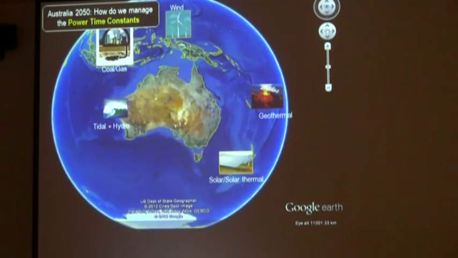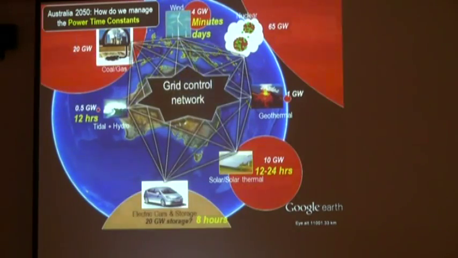Wind, tidal, residual coal and gas, solar and solar thermal, possibly nuclear, although that's controversial, and there'll also be electric cars, hopefully with big batteries providing backup power. And what we're going to need here is a smart control grid, a grid which is capable of switching enormous amounts of power around the country on short time scales. As the sun goes behind a cloud, as the wind strengthens and weakens, as people come home and plug their cars in to charge them up.